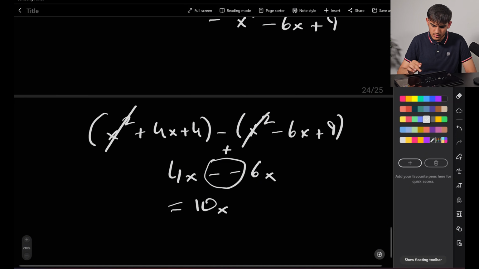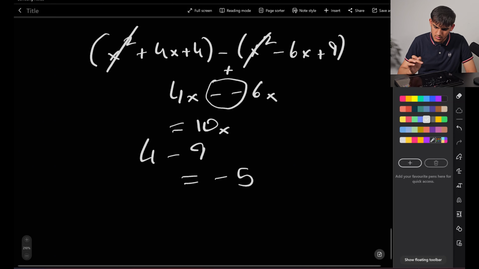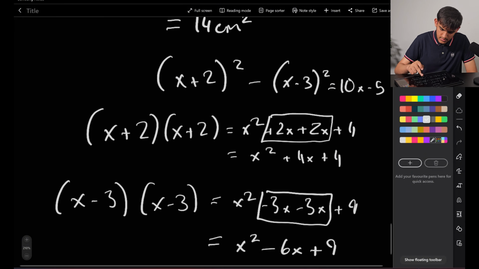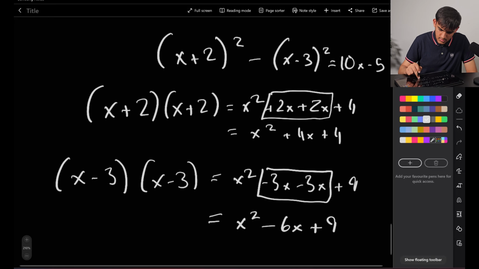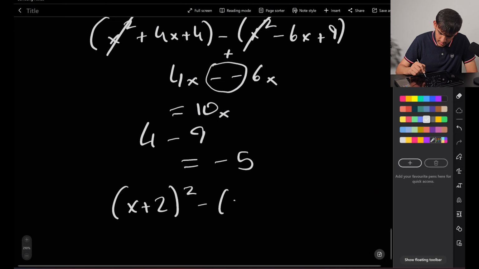Now we have to deal with the plus 4 and the plus 9. So we're doing 4 minus 9, which obviously we know is going to give us minus 5. So just like the question asks, we've proved algebraically that x plus 2 squared take away x minus 3 squared gives us 10x minus 5.